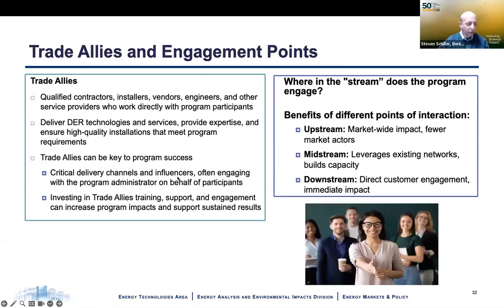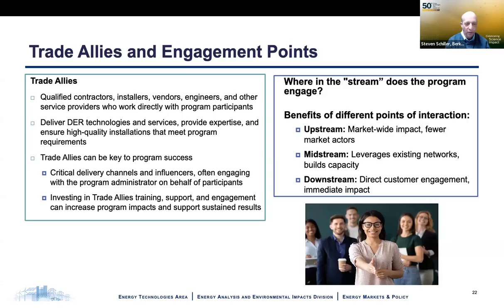Another point I want to make on the side here is thinking about the trade allies and the engagement points in your program. You're not on your own. When you're doing programs, there are other participants looking to get benefits out of this, and these can be your trade allies: the contractors, installers, vendors, engineers, architects, and service providers who work directly with those implementing the DER.